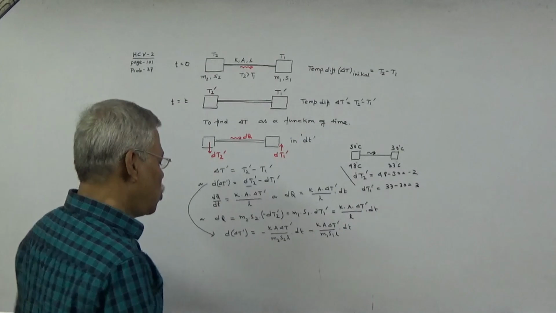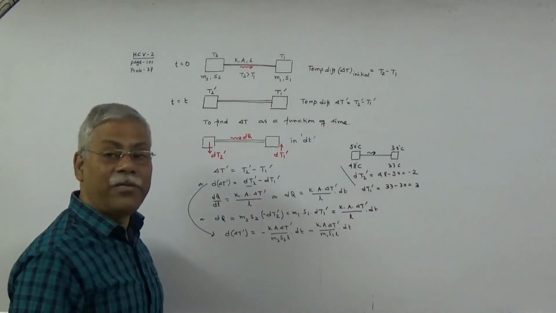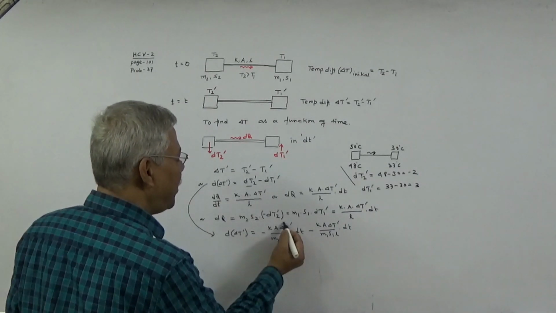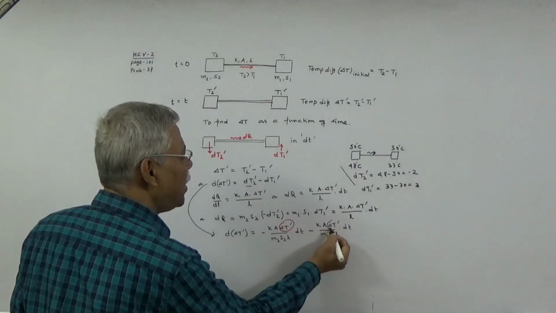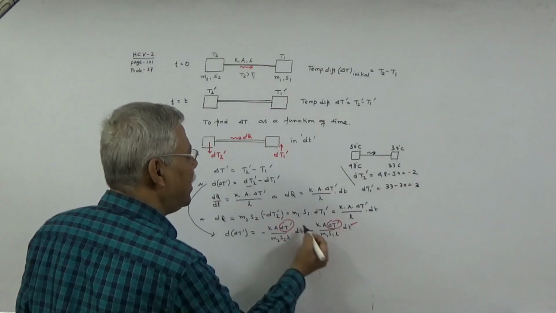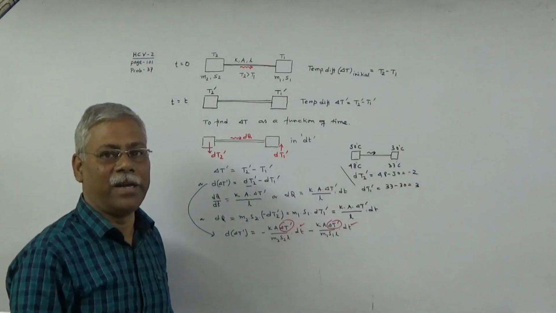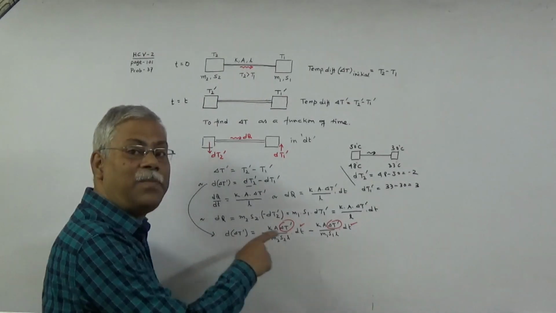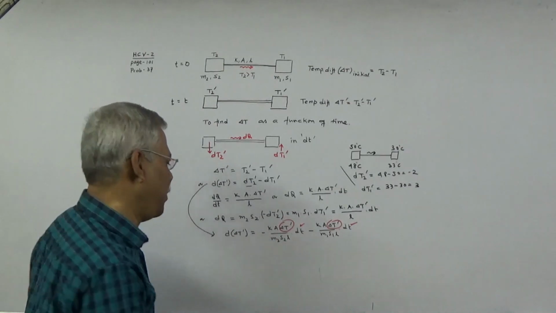Okay, so now identify the variable. We have delta T dash here, delta T dash here, and t is the other variable. So delta T dash is one variable, t is the other variable.